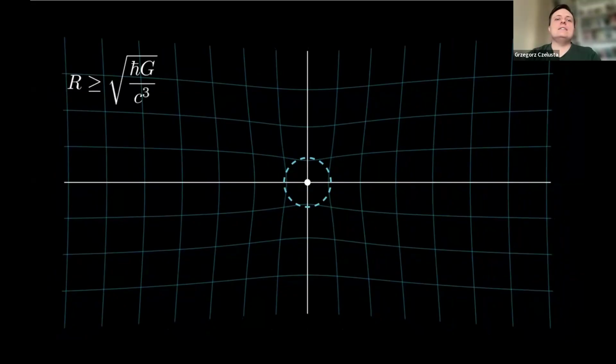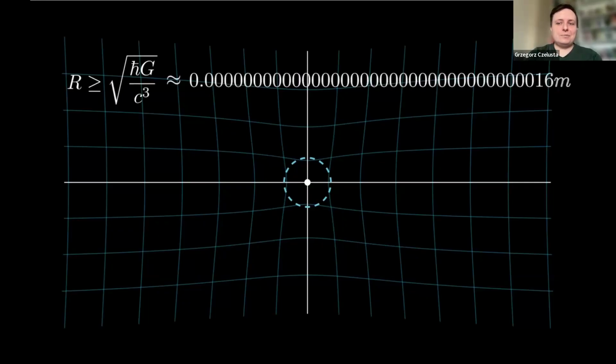So it means that when we combine classical gravity with quantum mechanics, there is some fundamental minimal distance below which we cannot observe space. And this distance is known as the Planck length, and it is very, very small.